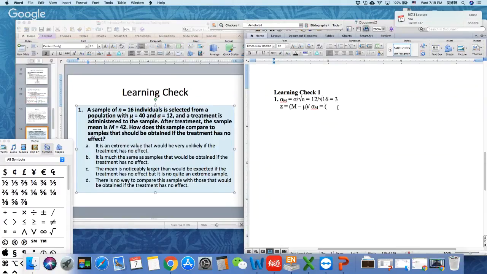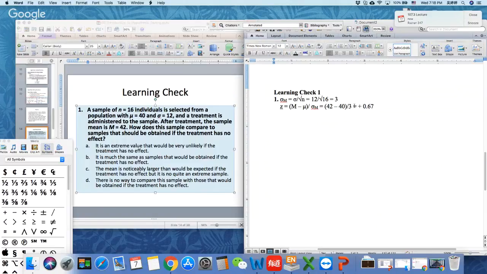And z equals divided by 3, which is positive 0.67.